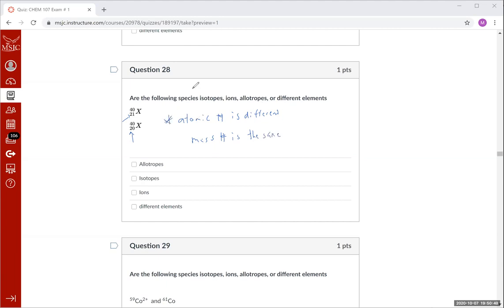So if the atomic number is different, what does that tell us? Are these the same element or different elements? They're different elements. Yep, exactly right. So we just check the different elements box. Does that make sense?